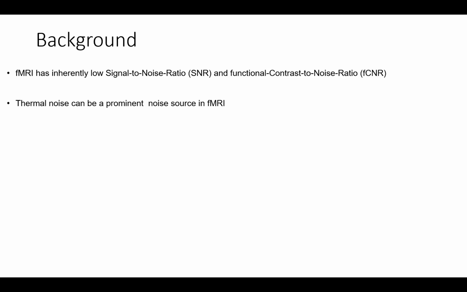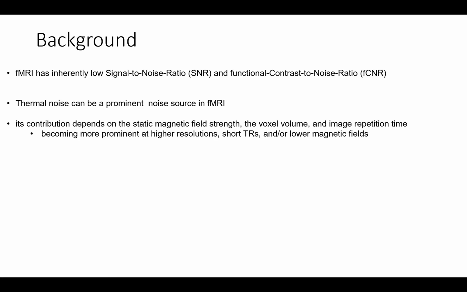So thermal noise, which comes from instrumental noise, can be a prominent noise source in fMRI. Its contribution depends on the static magnetic field strength, voxel volume, and image repetition time, and it becomes higher and higher as resolution increases. Obviously, it is directly proportional to the voxel volume, but it's also greatly affected by the accelerations that are required to fill in the big matrices, like Saskia was showing us yesterday, when we go to higher resolutions.